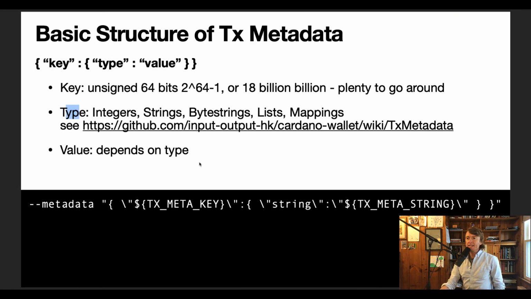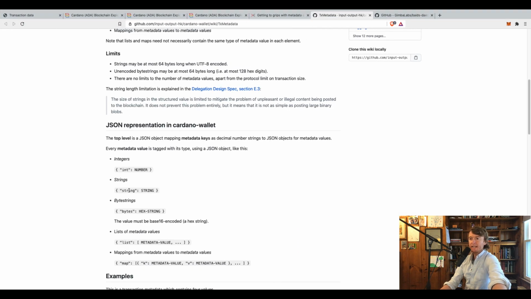And then some information, and the value that goes here really depends on what type you wrote, okay? So if I write string here, then the value has to be a string, right? If I write int here, then the value has to be a number, and any kind of letters won't work, okay? A map or a list is a set of these component parts.